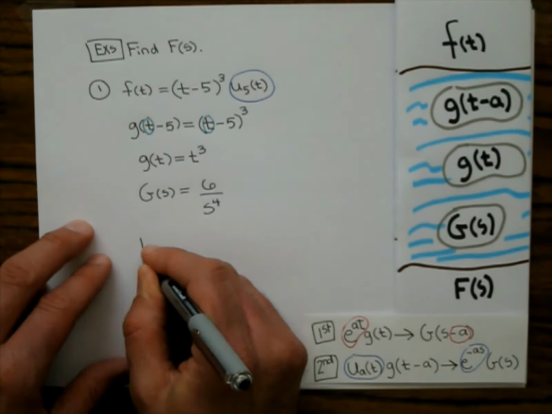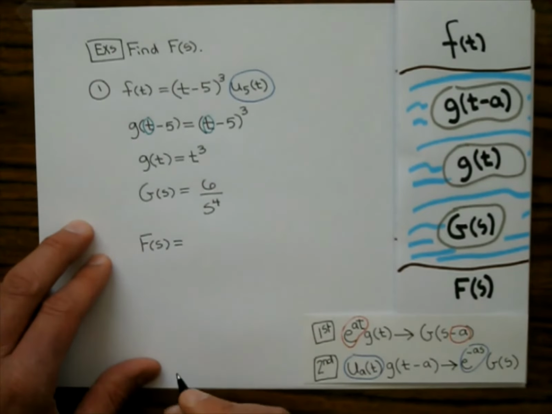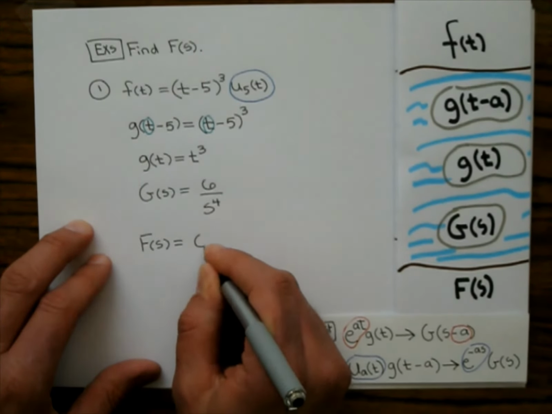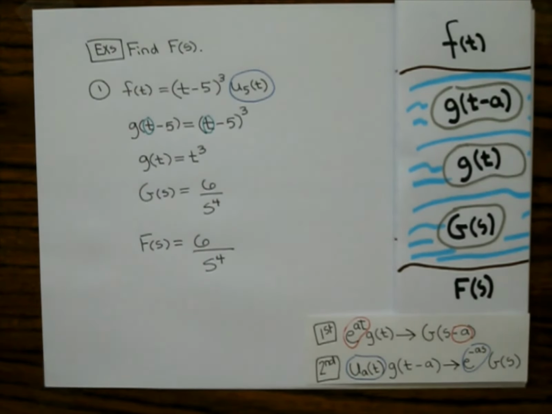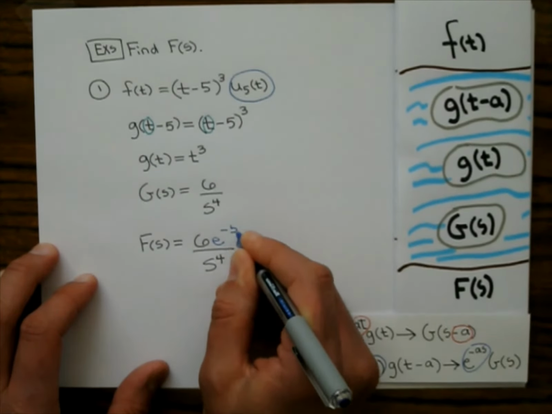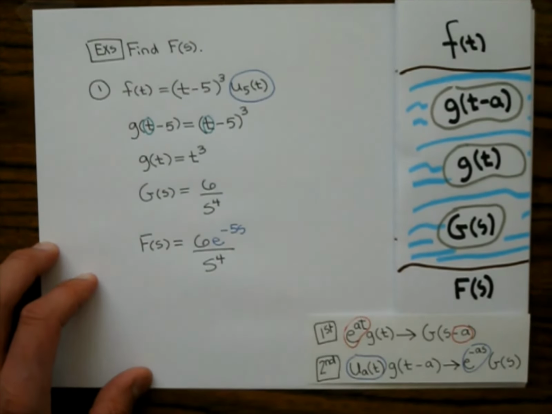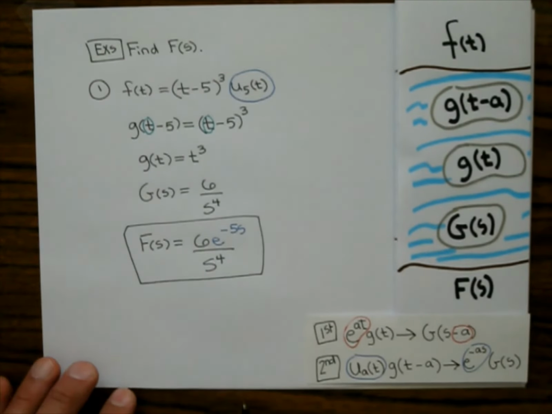So my final answer, F of s, is going to be 6 over s to the 4th, and then we multiply it by e to the negative 5s. That gives me the Laplace transform using the second shifting theorem.